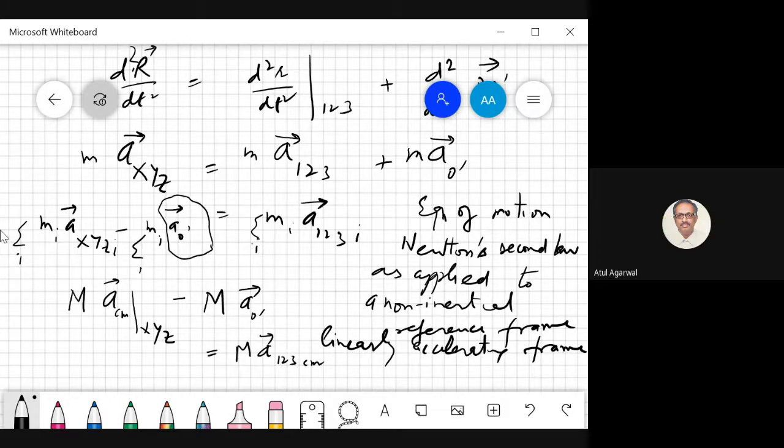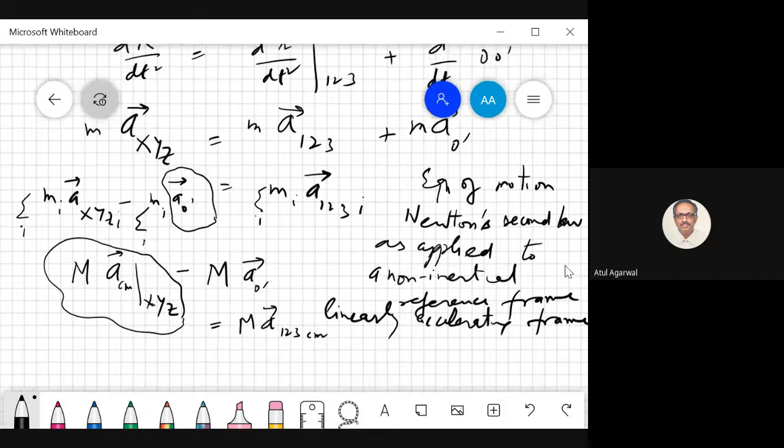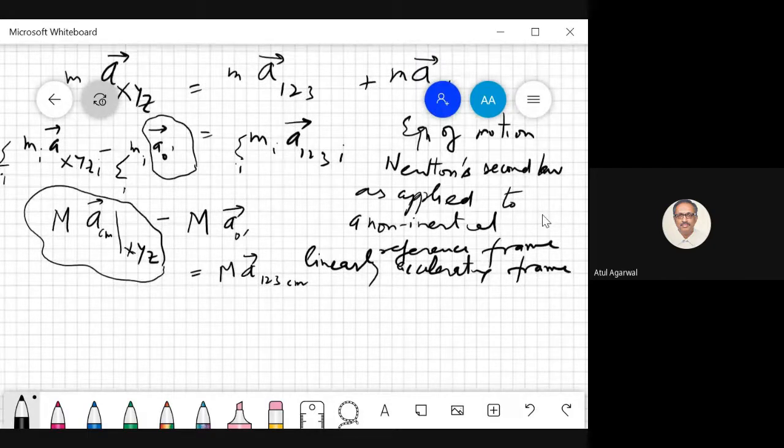So what is this mass into acceleration of center of mass? What is this equal to? This is with respect to a fixed coordinate system, or inertial coordinate system. Newton's second law says this is equal to the external force. Okay.